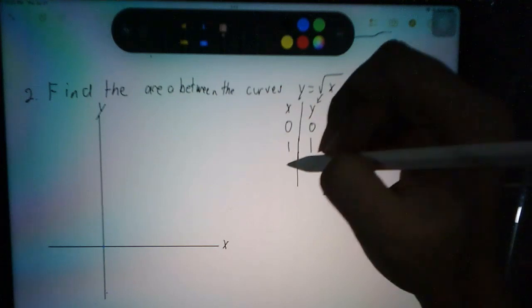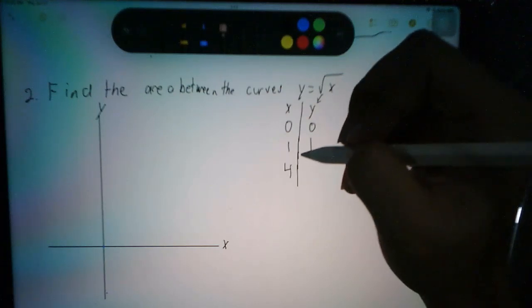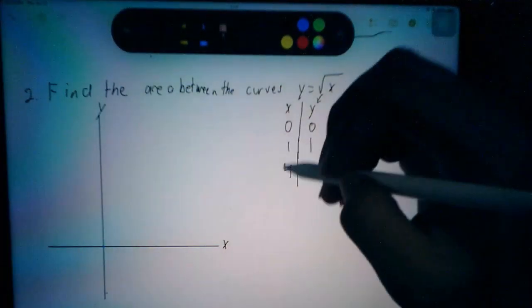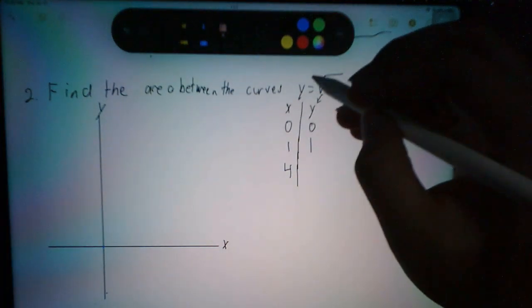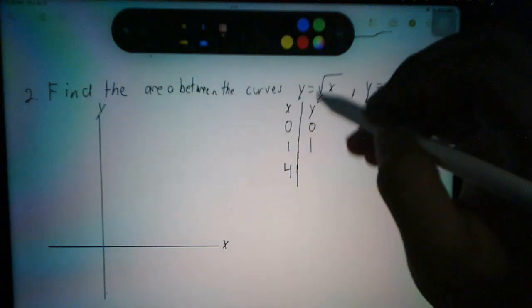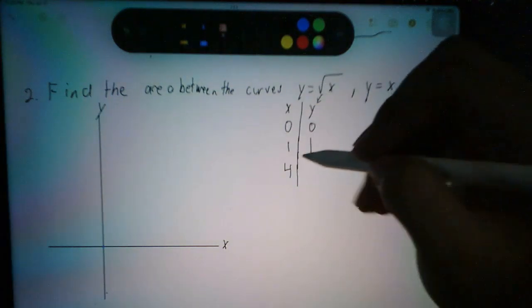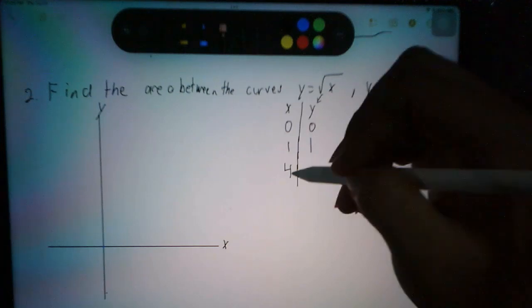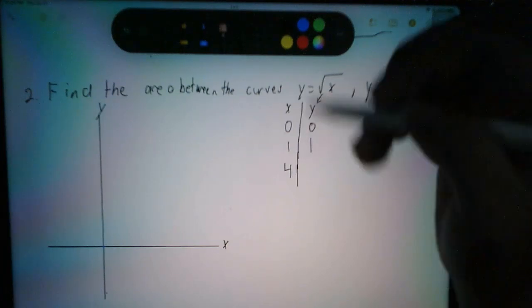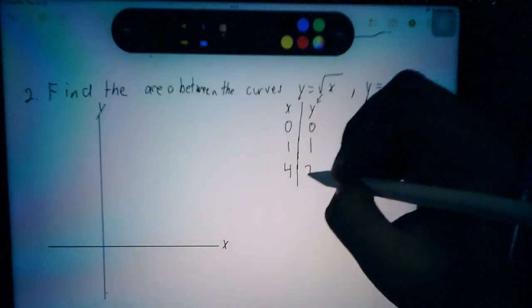And if x equals 4, so guys, a quick reminder, when picking a value for y equals a square root, you must pick a value whose y is a whole number. So I picked 4 here, so the square root of 4 is just 2.